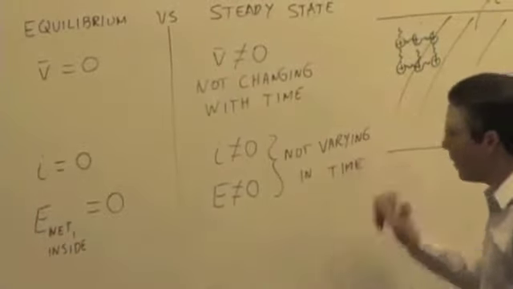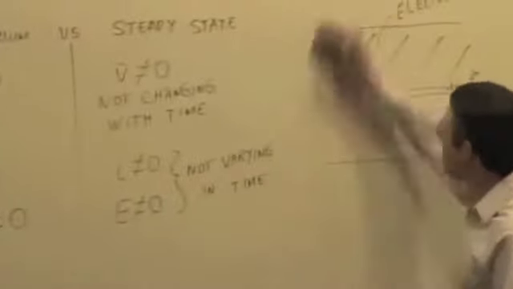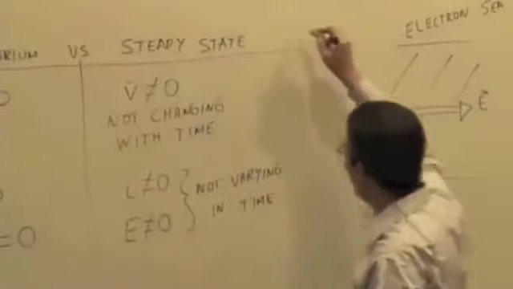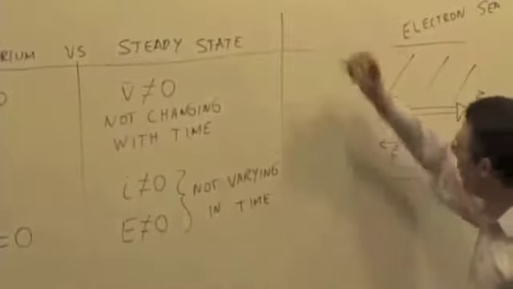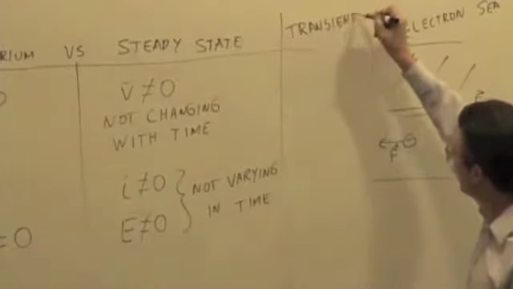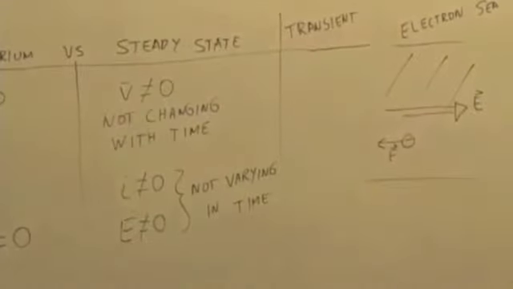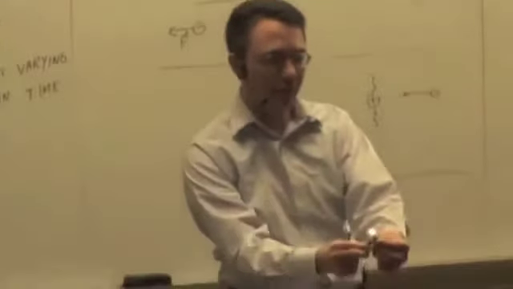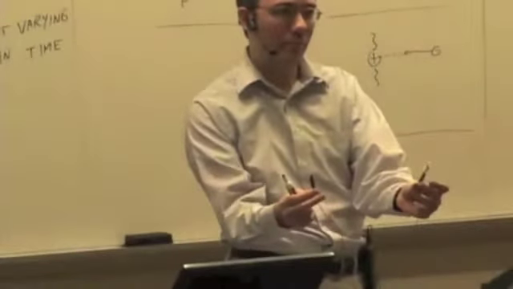Okay. And there's one other situation we should just introduce now, which we'll later talk about, something called a transient. There's got to be an instant when I connect the circuit together. If I disconnect the circuit, what's that?